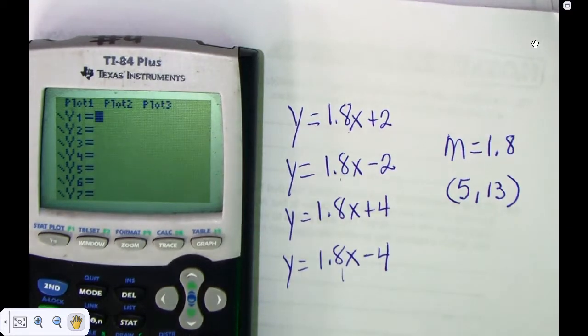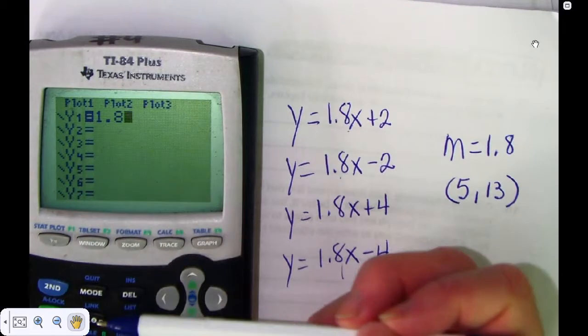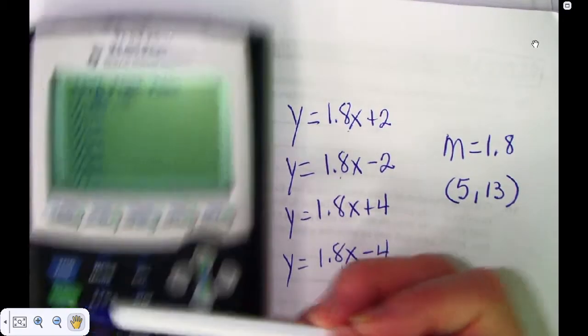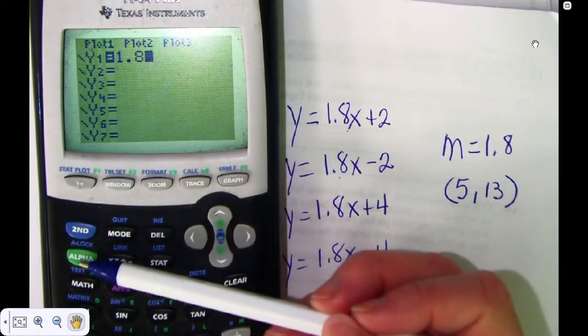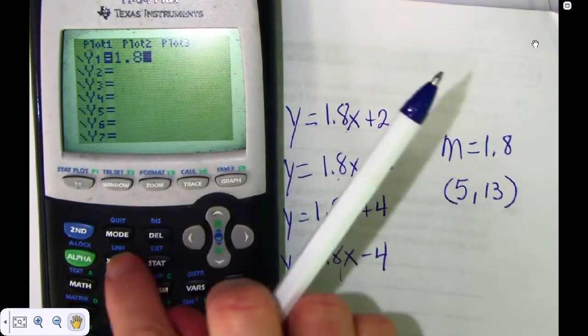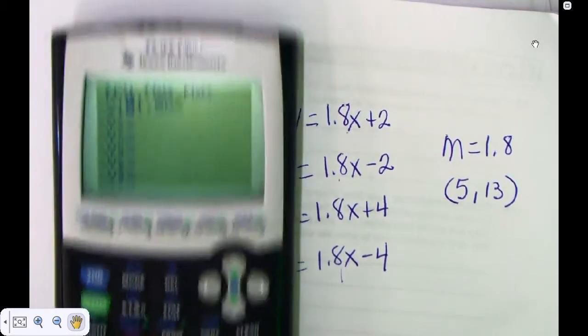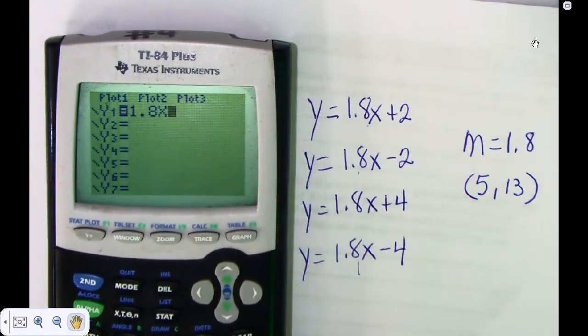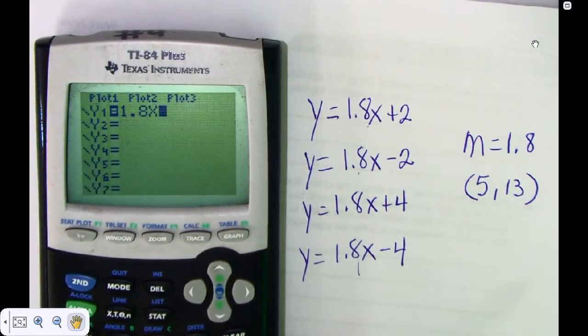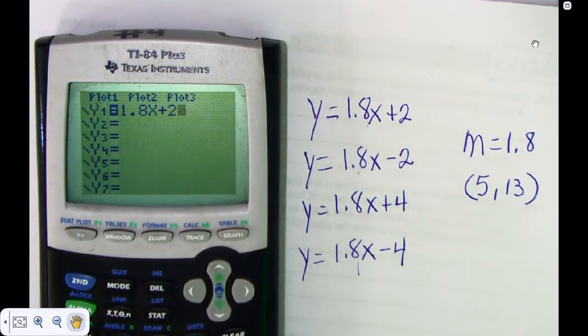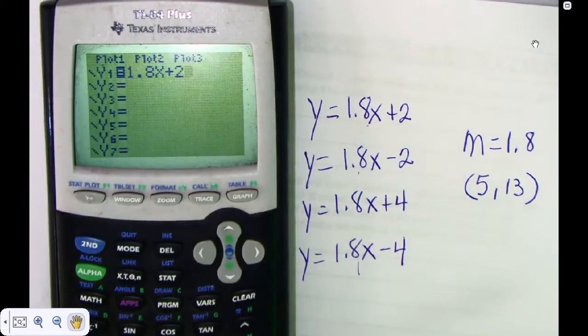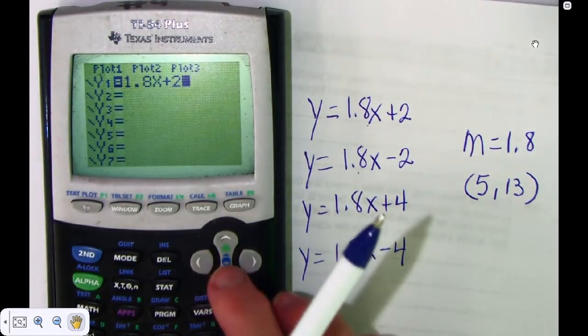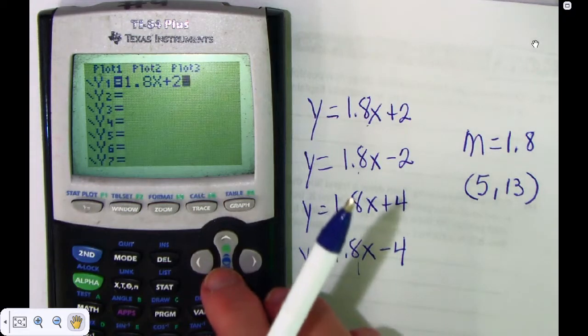Look, so we're going to go 1.8. The X is by the alpha button. Everybody see the green alpha button? Don't hit it. Hit the button beside it, X. That puts your X on there. We've done that before, but some have not. So, plus 2. Go down.